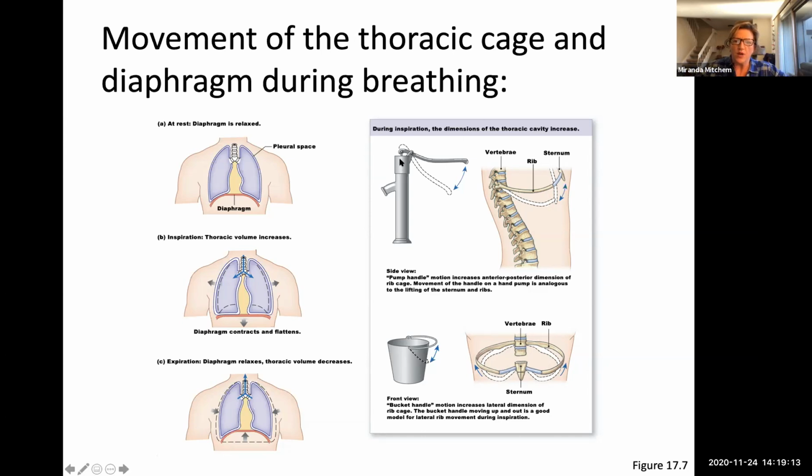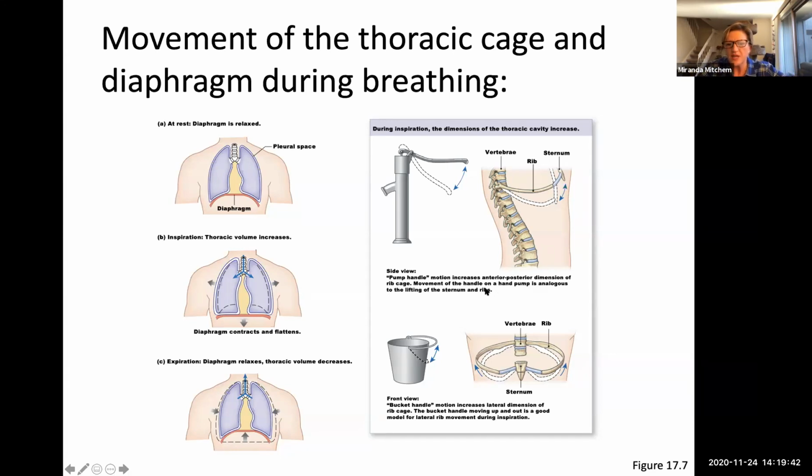So this is like one of those, like a well a person might have in their backyard. It's similar to the kind of pump that's on it, a pump handle. And what it's showing is that the motion of the pump handle, which you would push down and it goes back up, and you push it down and it goes back up, it's simulating the movement from anterior to posterior, so front to back, that's happening in the rib cage.